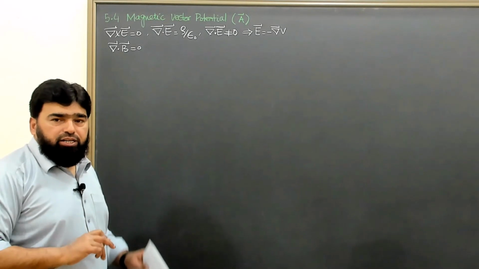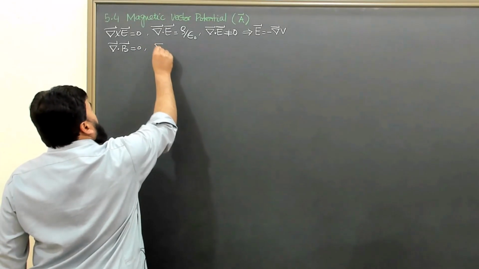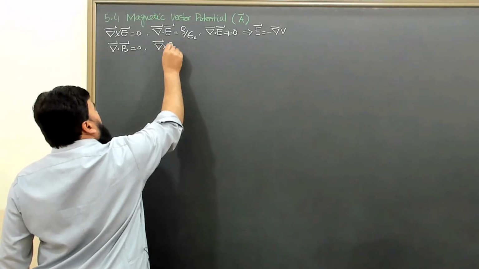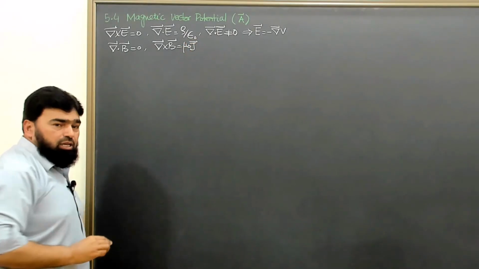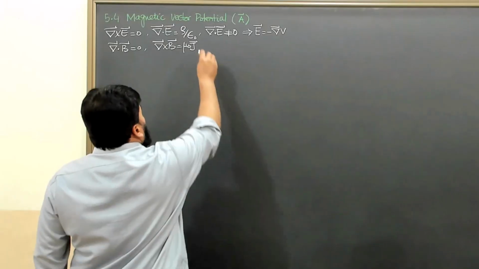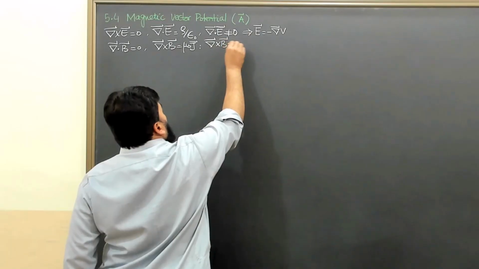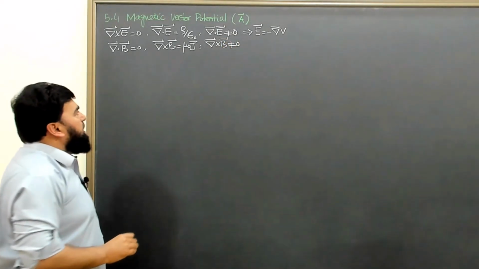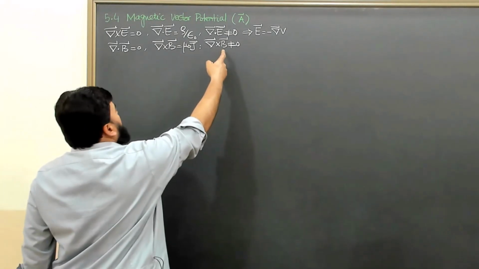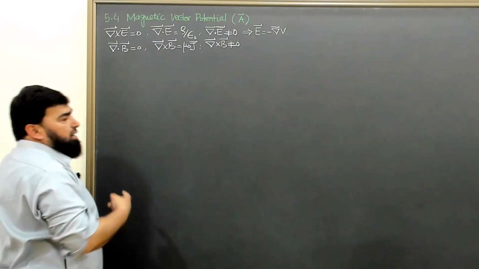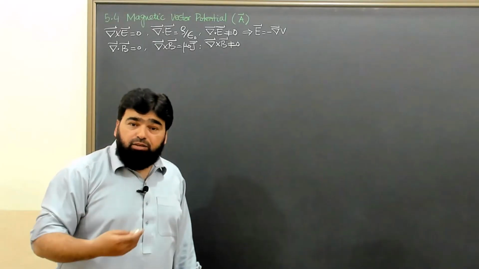So the divergence of B is 0, and we know that the curl of B from Ampere's law is equal to mu naught J. Now this says that the curl of the magnetic field is non-zero. What does it mean? That the magnetic field is such that its lines are not diverging, and they are curling basically.